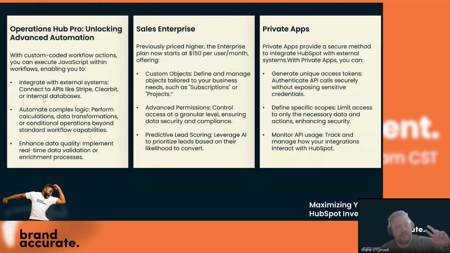Different plans have a broader reach of scope. But with your private app, you're able to get more out of HubSpot by leveraging custom code capability. So if there's a third-party app that you're working with today that doesn't integrate, you can use your private app to override and integrate. Now, if that third-party tool has a private app as well, I mean, boom, we could build one for you.